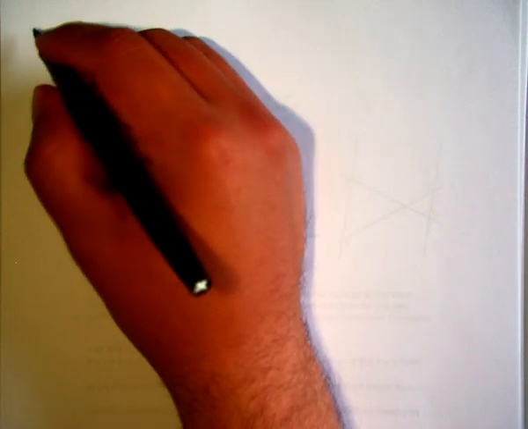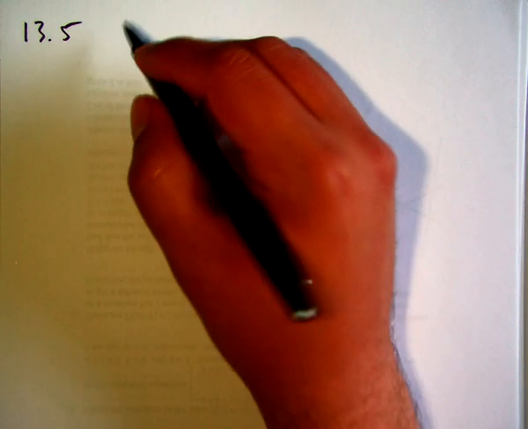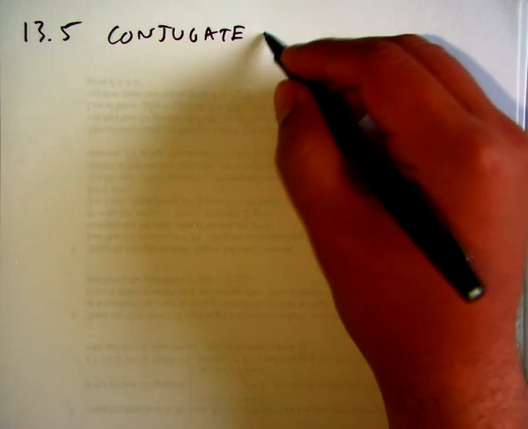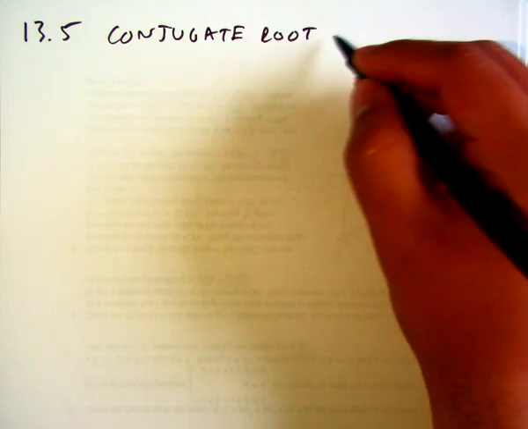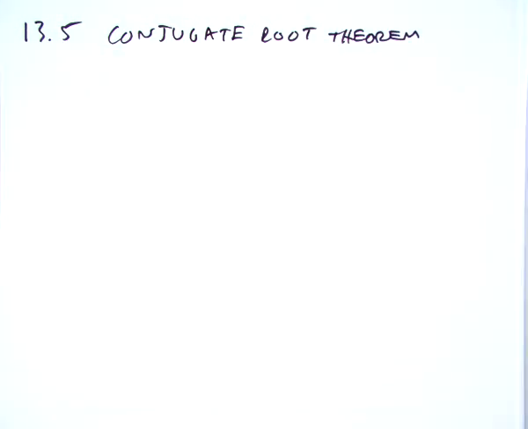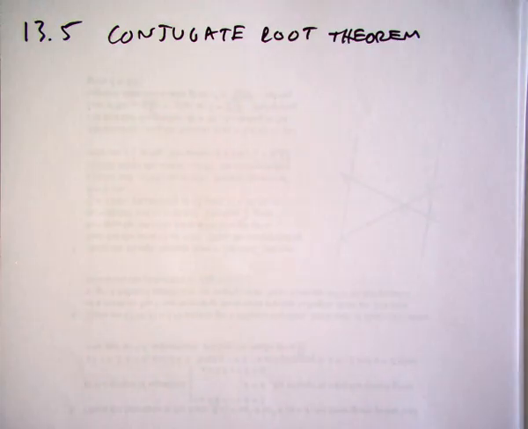Today's lesson is going to be about two very important theorems. So this is now notes for 13.5. We're going to talk about the conjugate root theorem, which once you see what it is will be very easy to remember based on the title of the theorem.